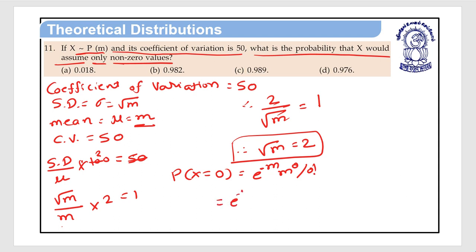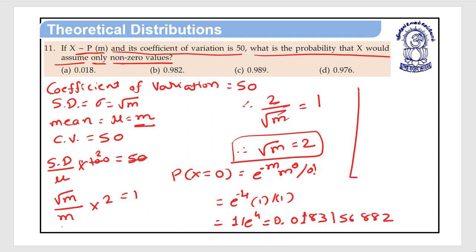So e raised to minus 4 into 1 into 1, so 1 upon e raised to 4. Put the value of e, 2.71828 raised to 4, so it is 0.0183156882.